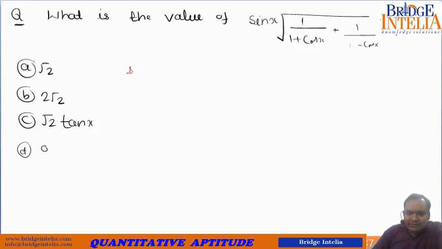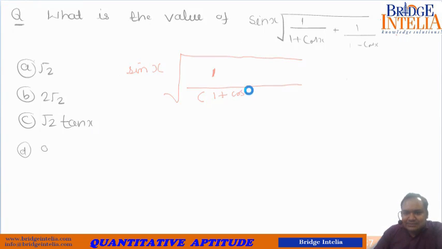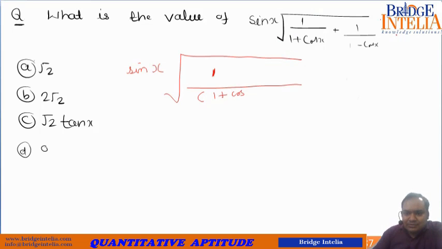This expression can be written as sin x whole under root of 1 by... if you add these terms, so (1 plus cos x) into (1 minus cos x). I am adding both the terms given under the bracket. So 1 minus cos x plus 1 plus cos x.